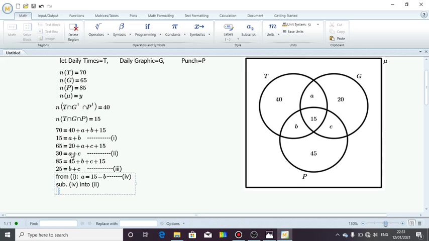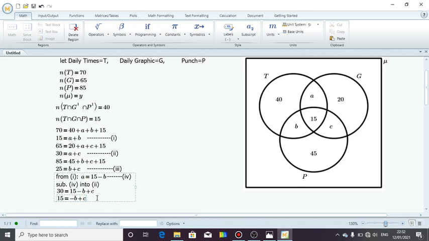Equation 2, that is 30. 30 equals a, and a is 15 minus b, then plus c. If we conclude this, 15 crosses over and becomes minus, which is 30 minus 15, which is 15. So 15 is equal to minus b plus c.